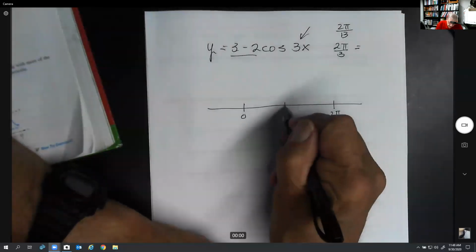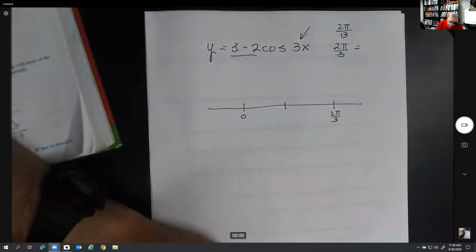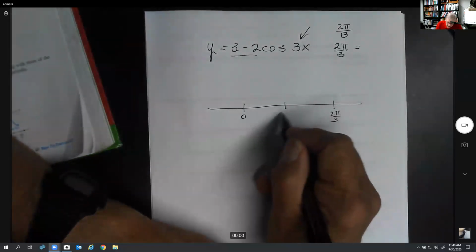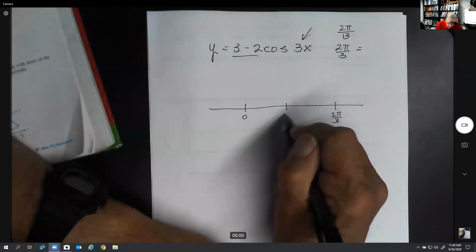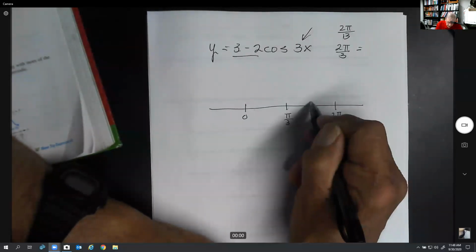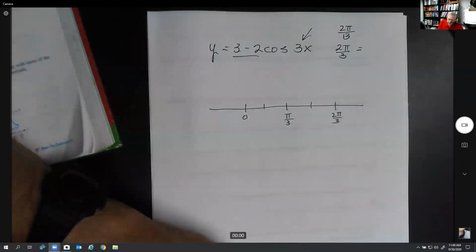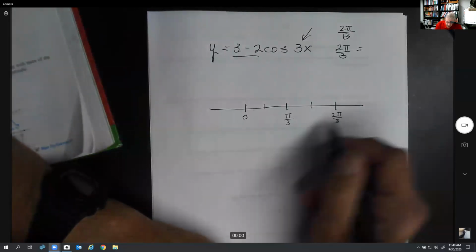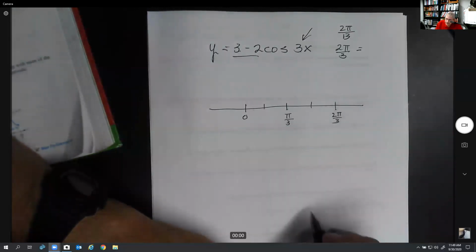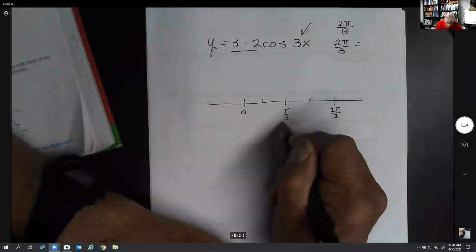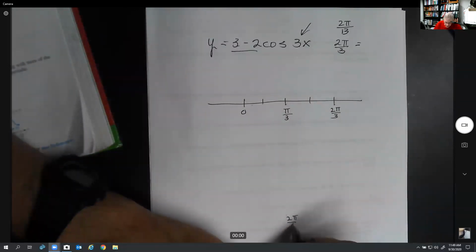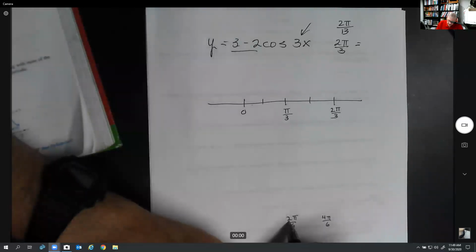Okay, we can see that maybe I'm making it more confusing than it needs to be. What is this number in between these two? This would be pi over 3. Now, the problem is trying to find these 2 points right there, and it's a little bit harder. So if we change these to 6's, we put this as 2 pi over 6, and we change this to 4 pi over 6. Then if we add those together, 2 plus 4 is 6, and half of 6 is 3.